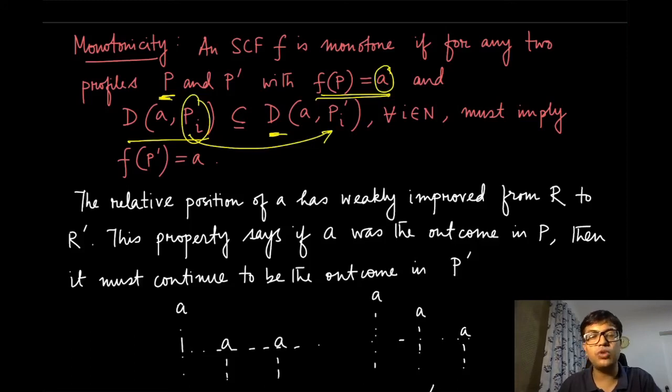There could be some new alternatives which are now going below it. So in some sense, A's relative position is weakly increasing in Pi prime compared to Pi.